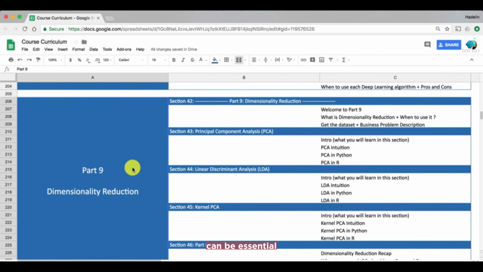Dimensionality reduction can be essential for this kind of dataset and to improve even more your models. And so we introduce you to the most powerful dimensionality reduction techniques: principal component analysis, linear discriminant analysis, and kernel PCA in case the data relationships inside your data are not linear.